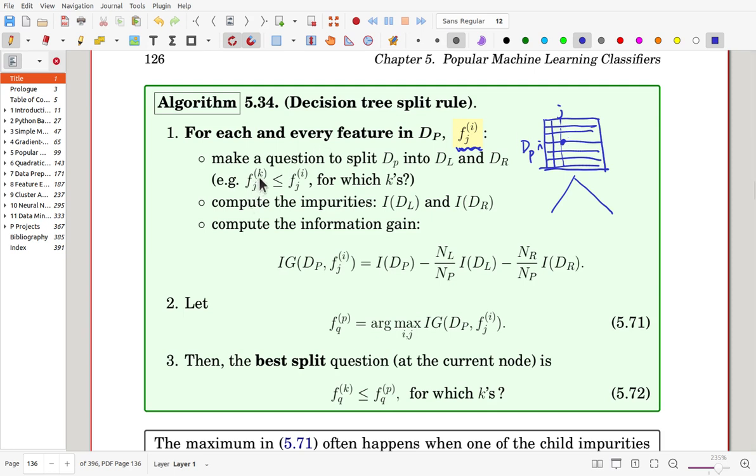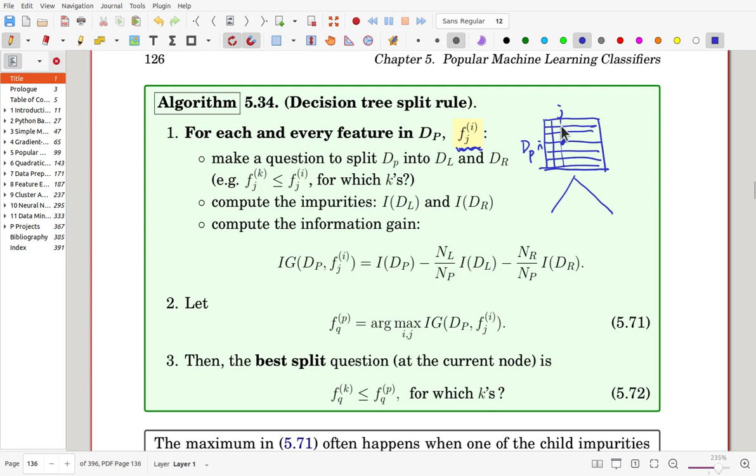So along the column, we ask such questions so that once it is satisfied, then we put the point on the left. Once it is not satisfied, then we put the data on the right. So that here is fixed. From here, we compare with this value, and once it is satisfied, then this point will go to the left.